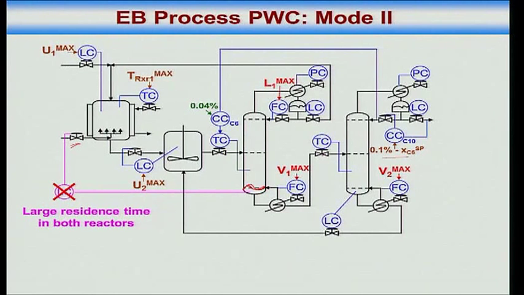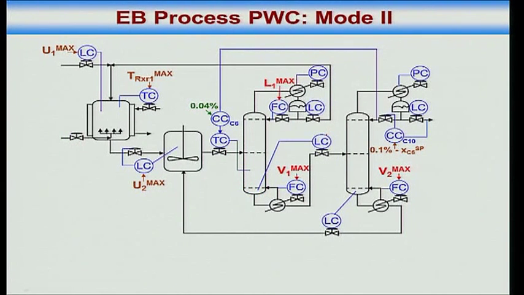So I took this temperature controller out and put a level controller instead. Now this valve is free. How do I manage it? I'll keep the ethylene in ratio with the total benzene. Okay. So now these are my 2 unconstrained degrees of freedom. 1, 2. Yes or no?